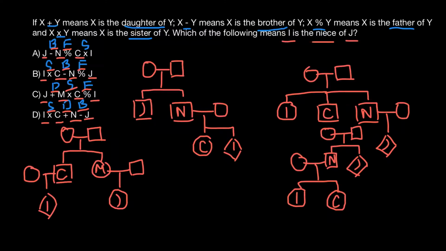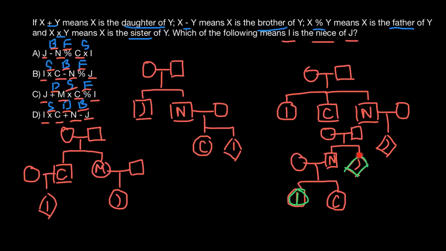So again, the question is, which of the following means that I is a niece of J? As you see, here is I, and I would be a niece of J because her father and J are siblings.